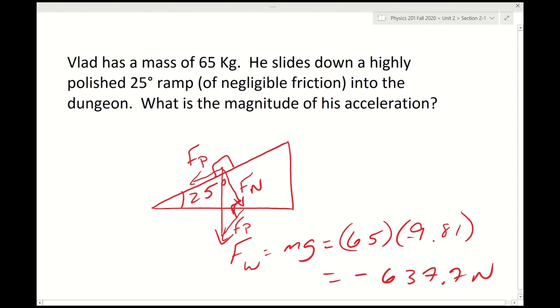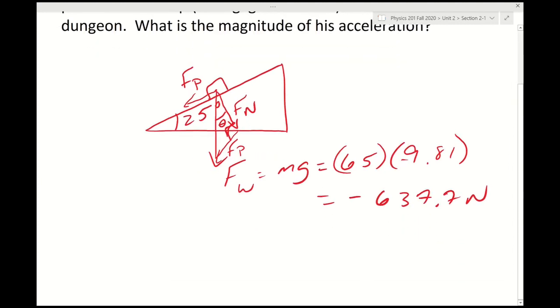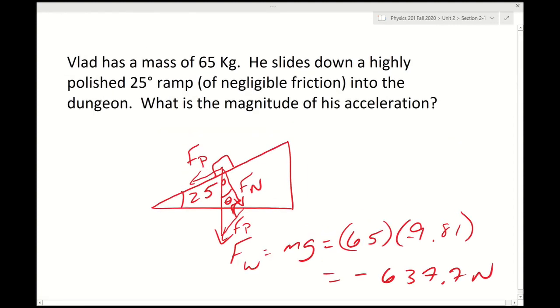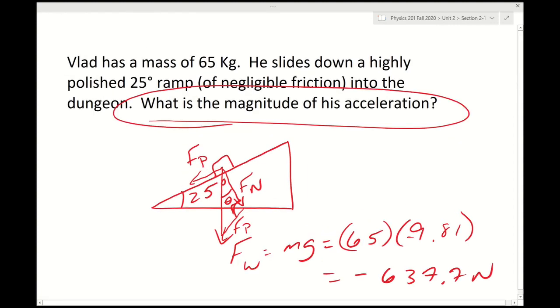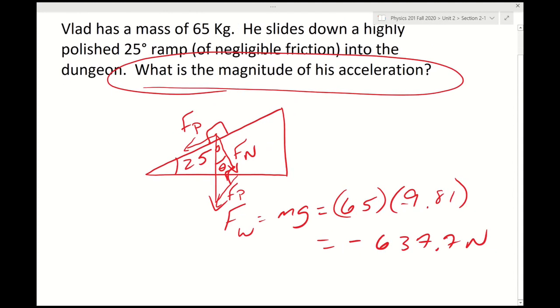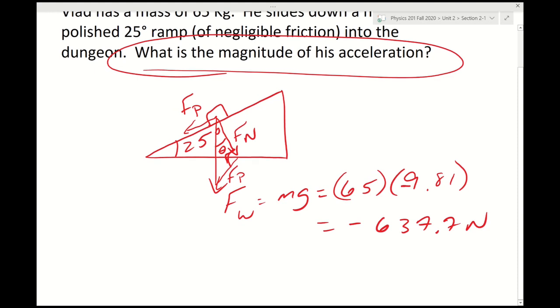Fp is going to be your acceleration times the sine of your angle, negative 9.81 times the sine of 25 degrees. So in fact, he's going to accelerate down the ramp at about 1.15 meters per second squared.